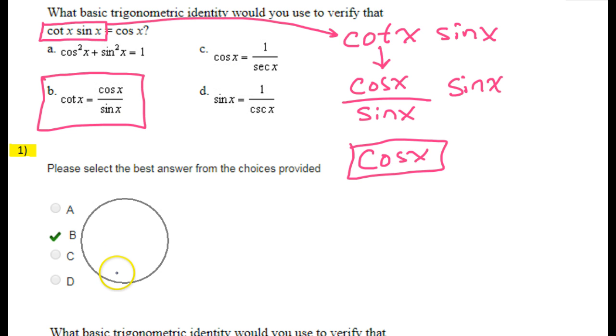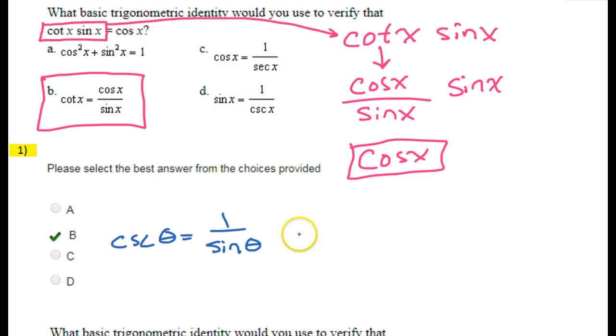Real quick, before I end, basic identities written down. Cosecant is the reciprocal of sine. Secant equals the reciprocal of cosine.